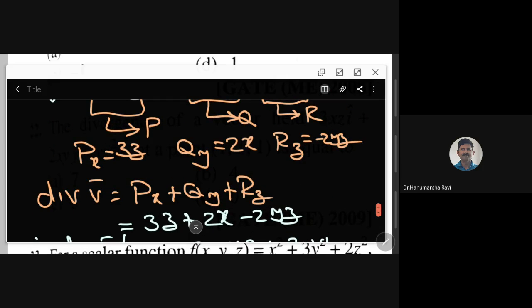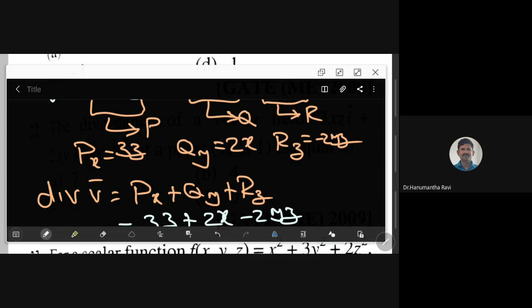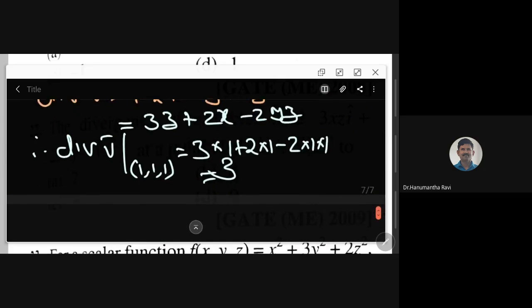Rz, that is del by del z, is minus 2yz. So what we got is right, 3 is the answer. We go for the next problem.